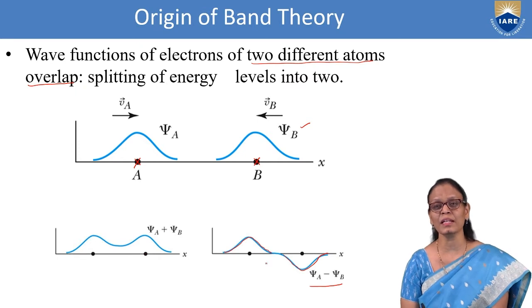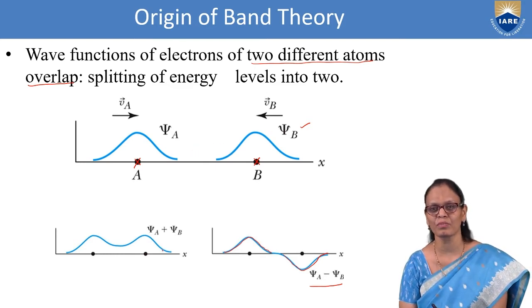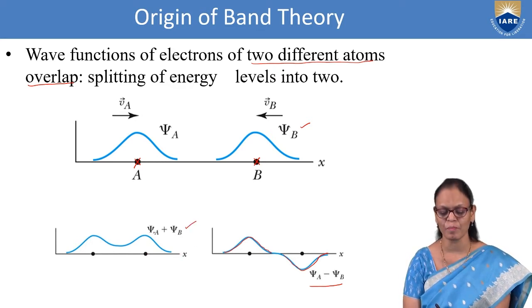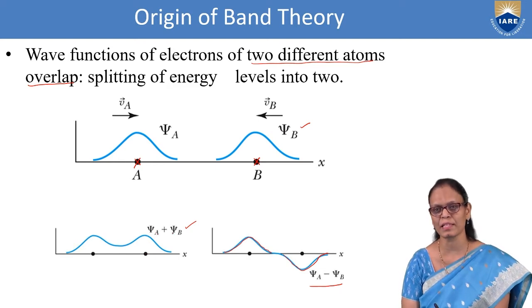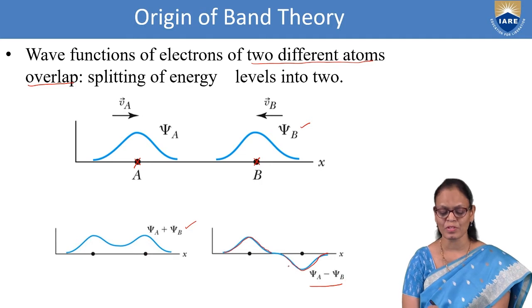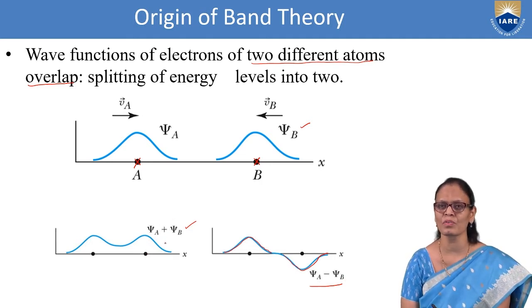So we are seeing here clearly that upon overlap there is variation in the wave function. That is how the wave function is getting modified. The modified wave function here is denoted by psi A plus psi B, and here it is denoted by psi A minus psi B. So once the wave function varies, the energy also varies.